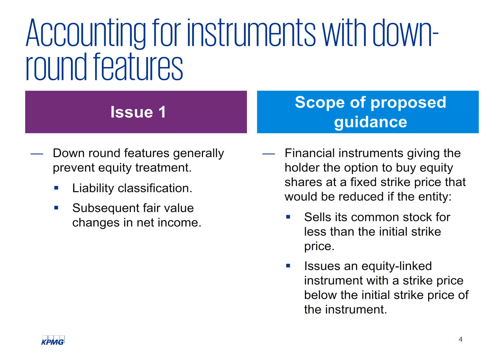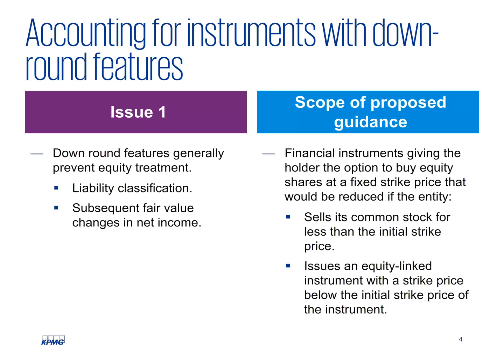First off, what is a down round feature? A down round feature is a provision in an equity-linked financial instrument, such as a warrant or a convertible bond, that provides for a downward adjustment of the exercise price, specified contingent on certain events occurring. More on that in a moment. Under the current accounting literature, down round features generally prohibit equity classification.